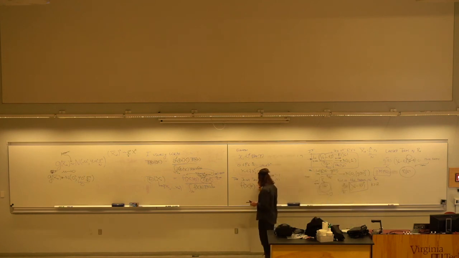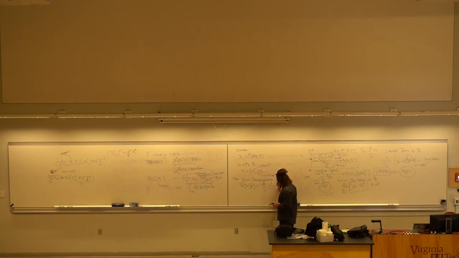This is going to be equal to the product, i goes from 1 to n, of p to the xi, 1 minus p to the 1 minus xi.